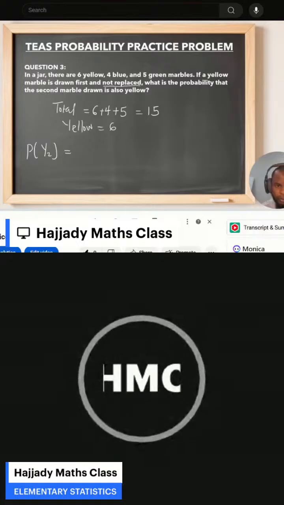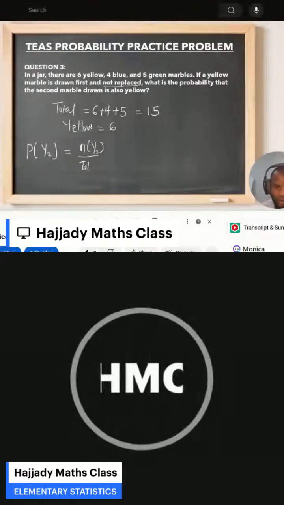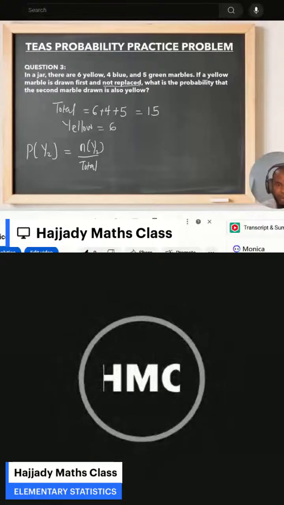So the question is, find the probability that the second is yellow. Let me put that as y2. So we have that the second is yellow over the total. Now it says if a yellow marble is drawn first and not replaced.